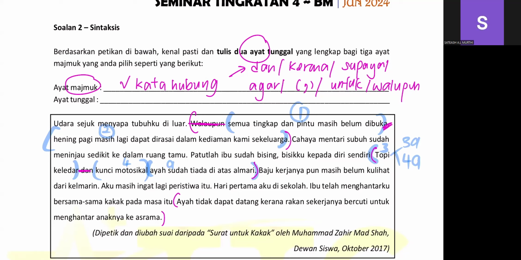So next one. Ayah tidak dapat datang kerana rakan sekerjanya bercuti untuk menghantar anaknya ke asrama. Which one is your kata hubung? Kerana, yes, correct.